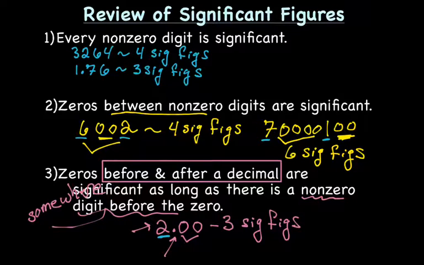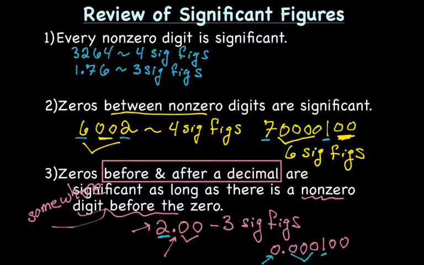And one more. How about 0.000100? All right. So the 1 is significant because it is a non-zero digit. This first 0 here, while it's true that it's before a decimal, there's no non-zero digit in front of it, so not significant.